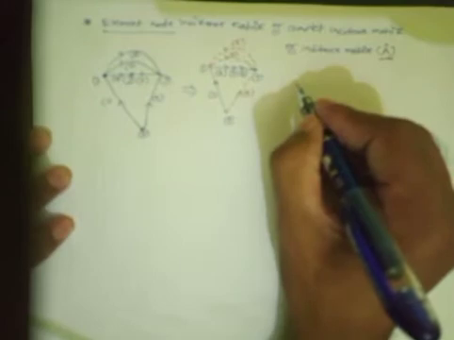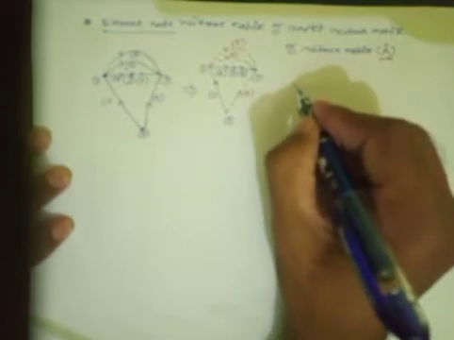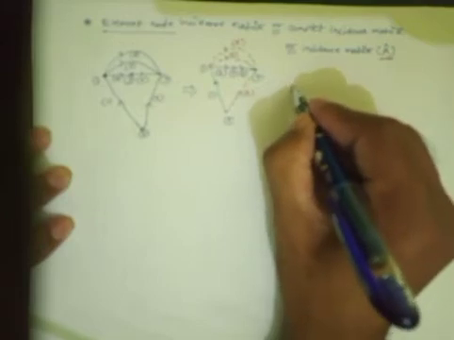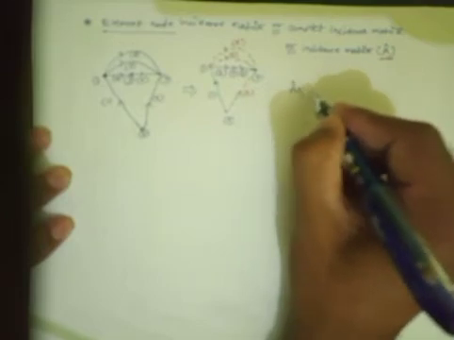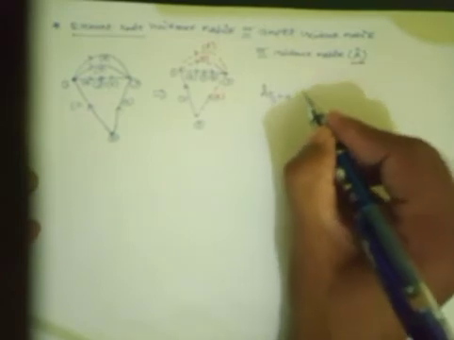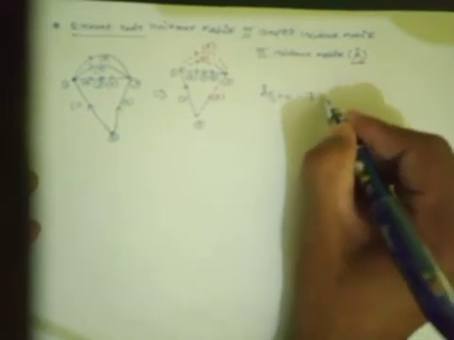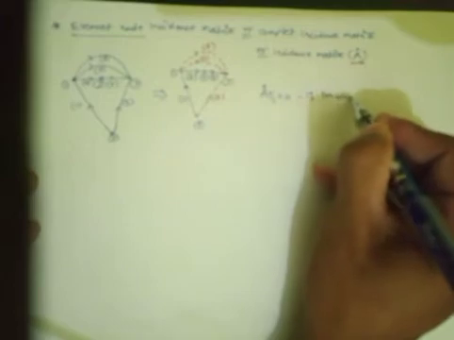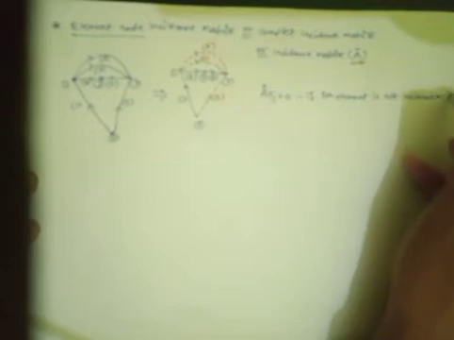Okay, so similarly there are certain terminologies for forming this particular matrix, that is element node incidence matrix. So A cap aij will be 0 if the ith element is not incidence on jth node.